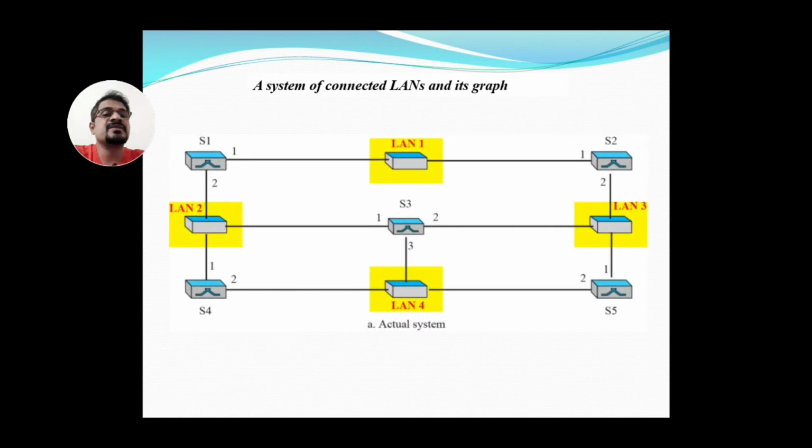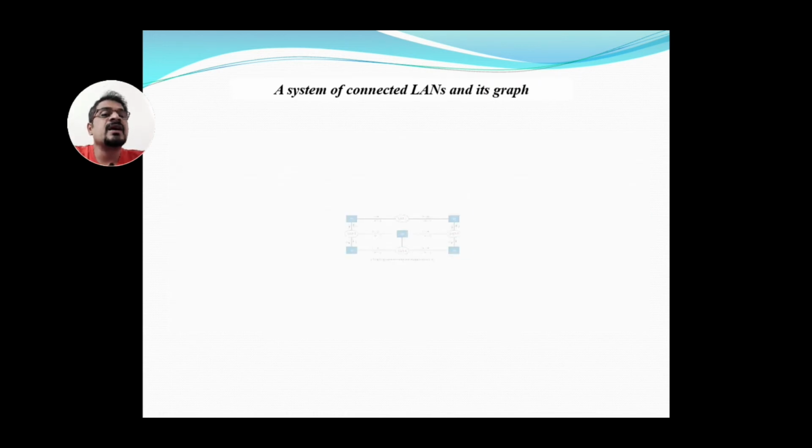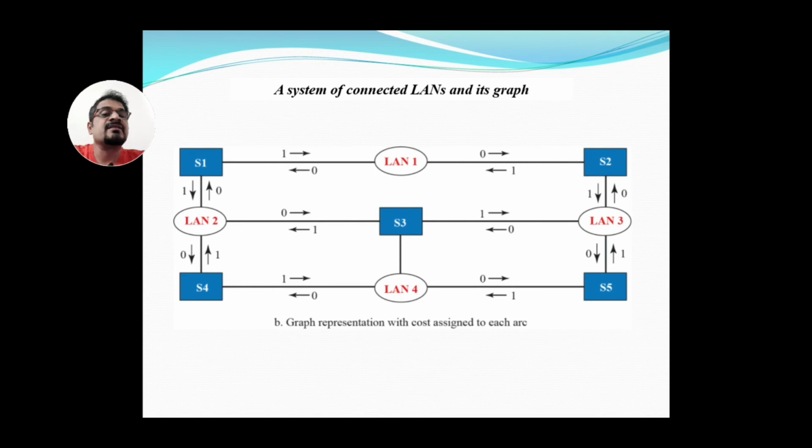In this diagram we consider the systems S1, S2, S3, S4, and in the same way LAN 1, LAN 2, LAN 3 and LAN 4. So all these four LAN networks are going to be connected, as a system of connected LANs and graphs with cost.